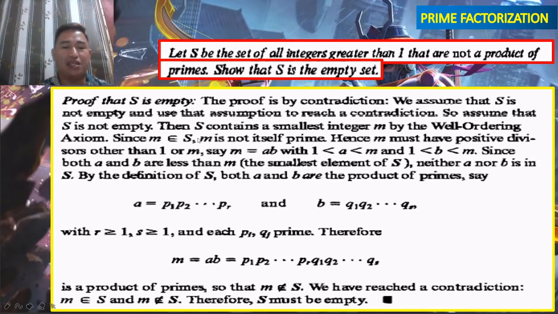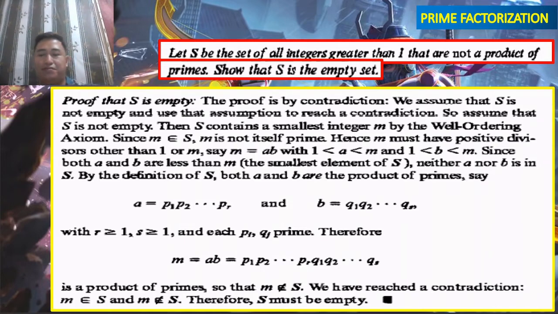So, since M is an element in S, M is not itself prime. Kaya kung element ka ni S class niya, that are not a product of primes. So, meaning, si M class is not itself prime. Siyempre kay si M, kay equal siya sa mga product, mga numbers nga dili prime.